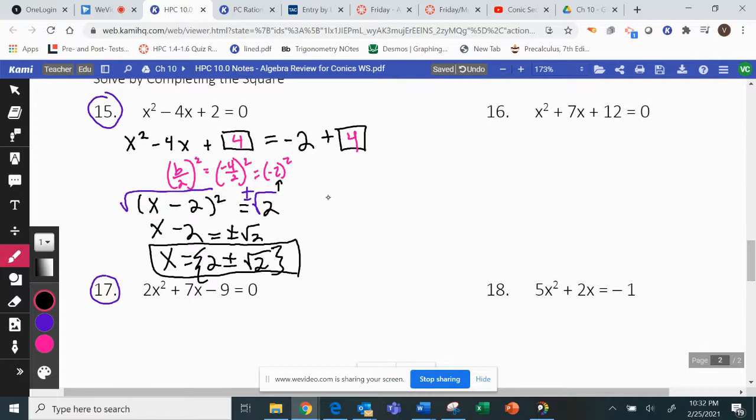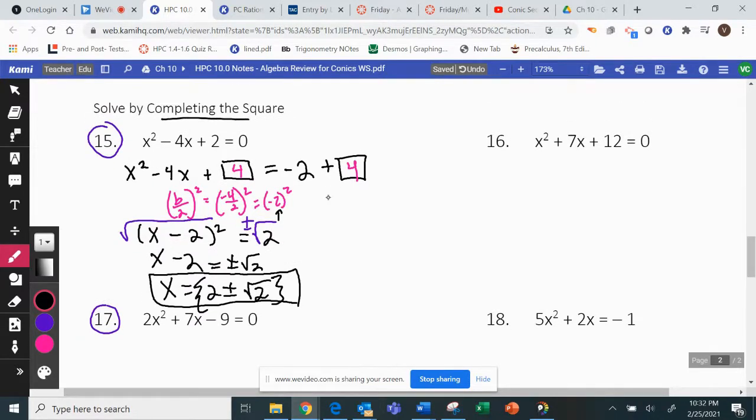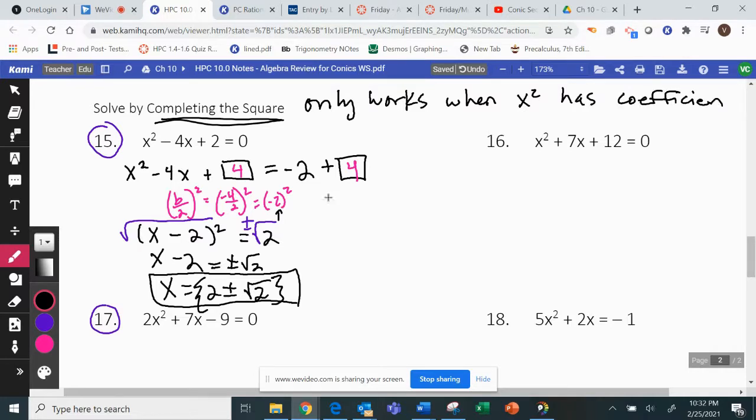And this complete the square method only works when x squared has a coefficient of 1.